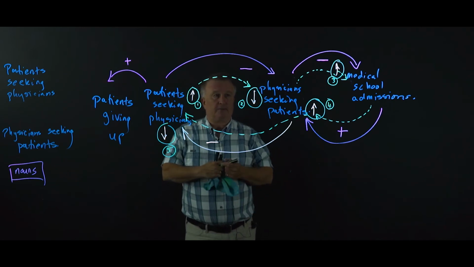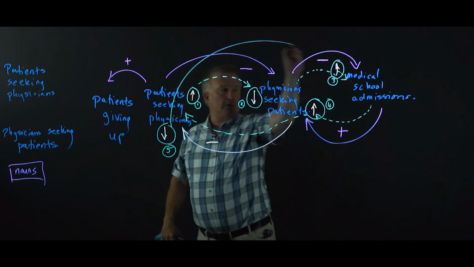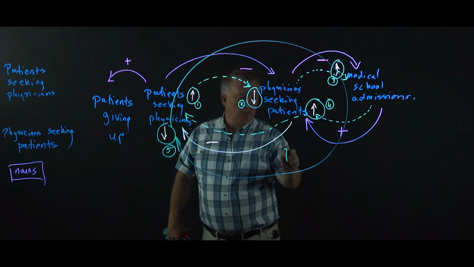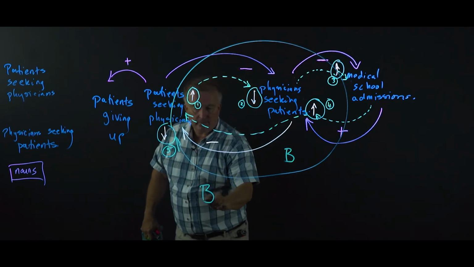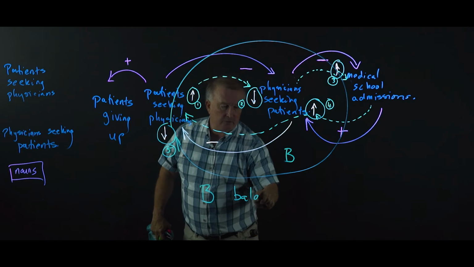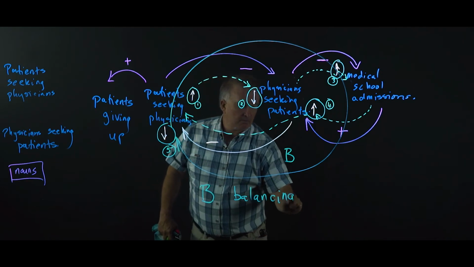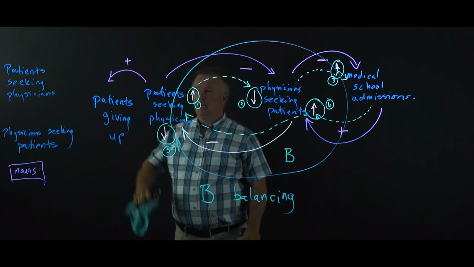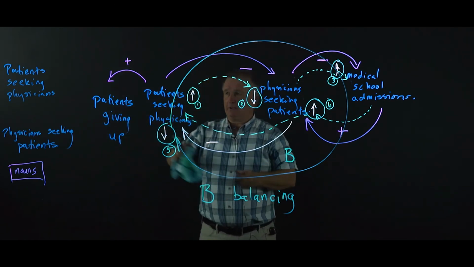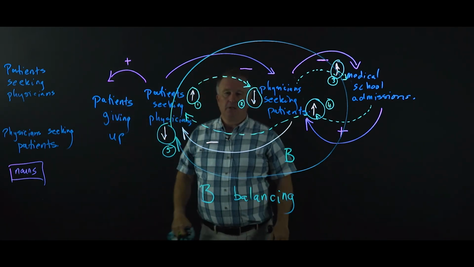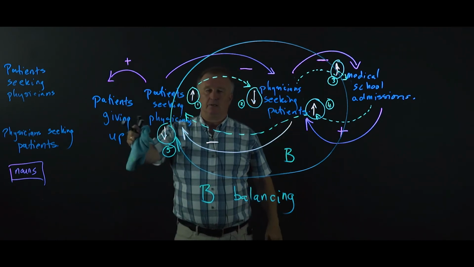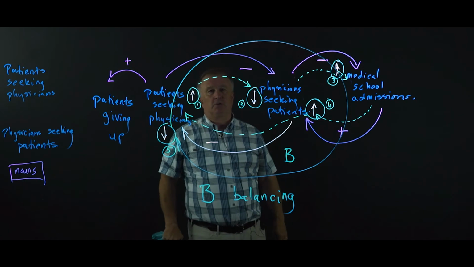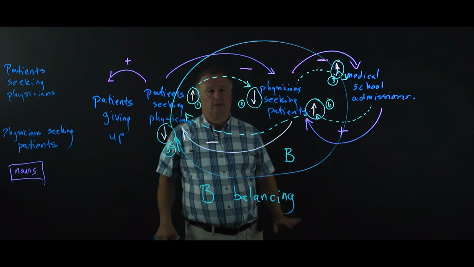So if we looked at it from that perspective, we would see that we've actually got what people would call a balancing loop. It actually settles out. Okay? And we can always pay attention on the side to the number of patients giving up. If we balance this out, then the number of patients giving up is going to go down because the number of patients seeking physicians is going to go down.